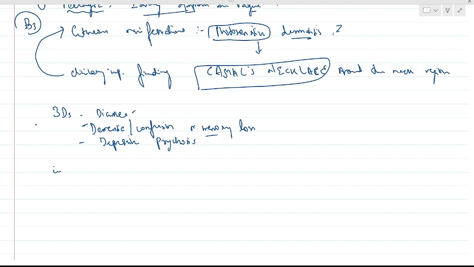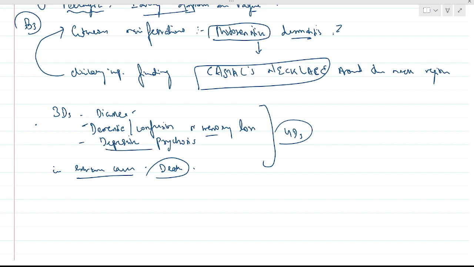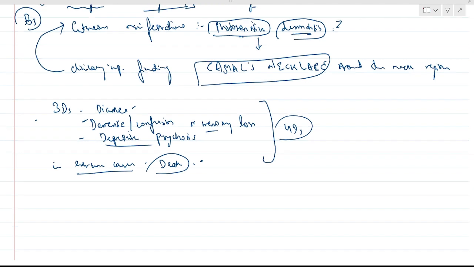In extreme cases, the 3 Ds become the 4 Ds, that is death. So death may occur in the extreme advanced cases. So the 4 Ds are diarrhea, dementia, depressive psychosis, or you can also include dermatitis, which is photosensitive, and in the extreme cases this causes death.